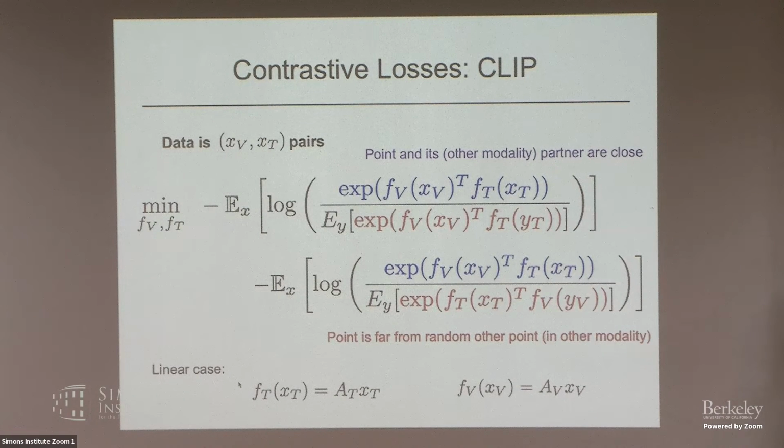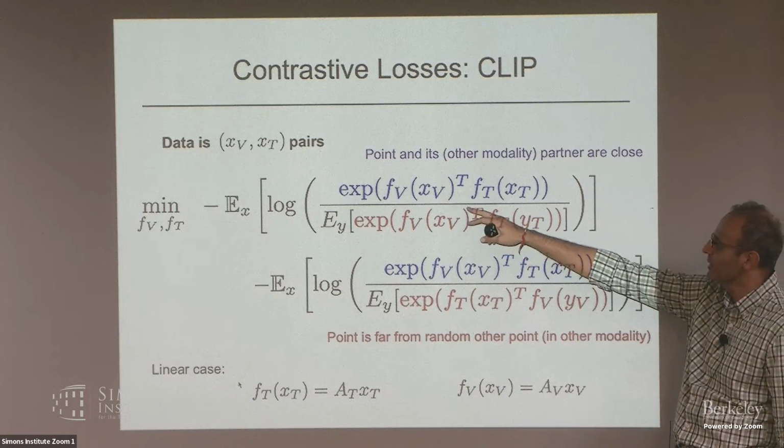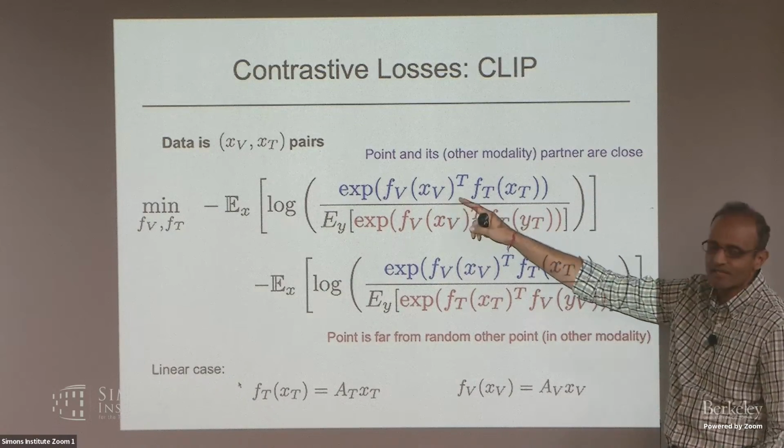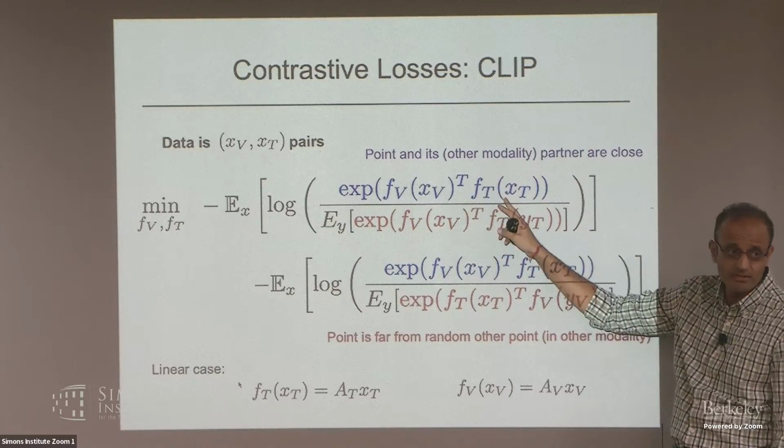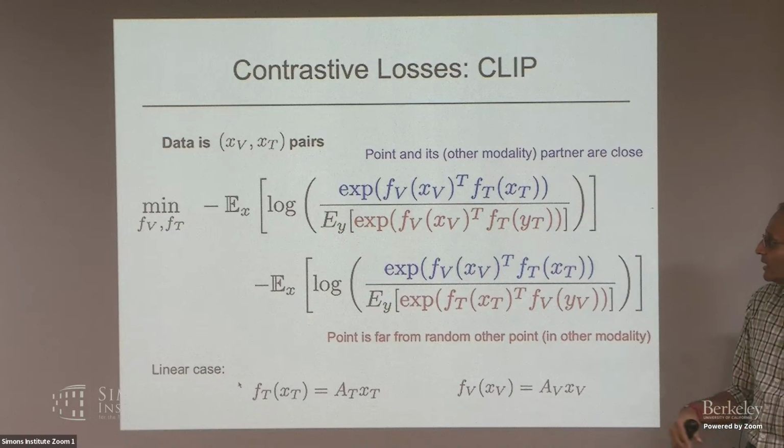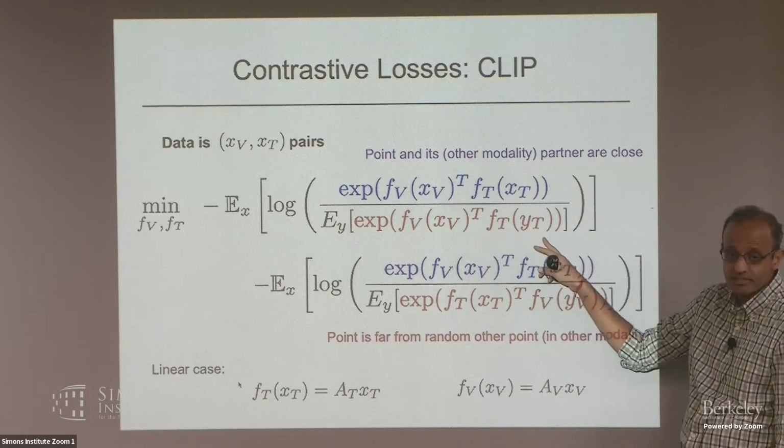Now the partner is a piece of text, and my partner is like an image somewhere else, right? And so I want a loss to make the image encoding, V is vision and T is text, so I want my image encoding to be close to my text encoding for the pair. And I want it to be far away from other text encodings.